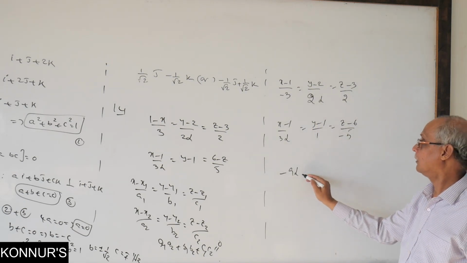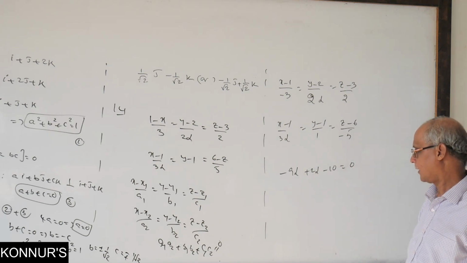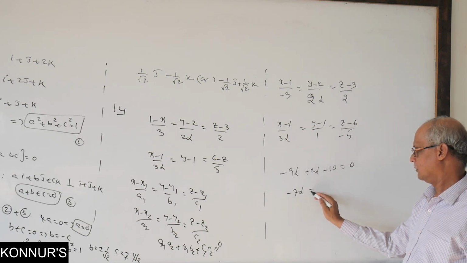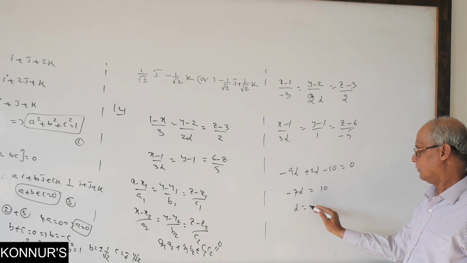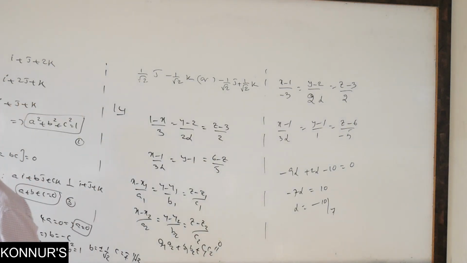Minus 9 alpha plus 2 alpha plus 10 equals 0. Minus 7 alpha plus 10 is 0, so alpha is asked: alpha equals 10 by 7. Very good, and hence the answer is A. First option.